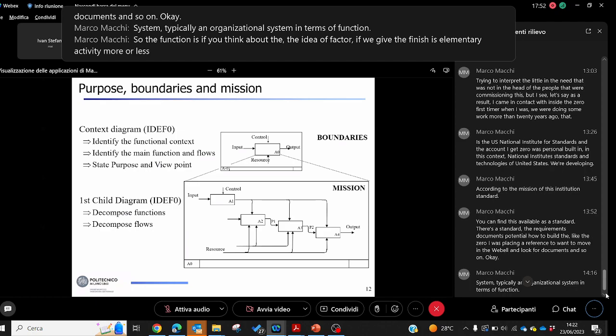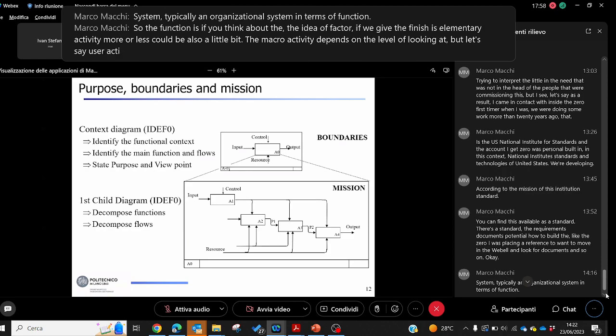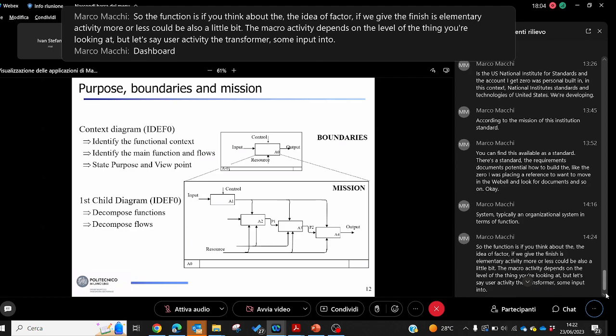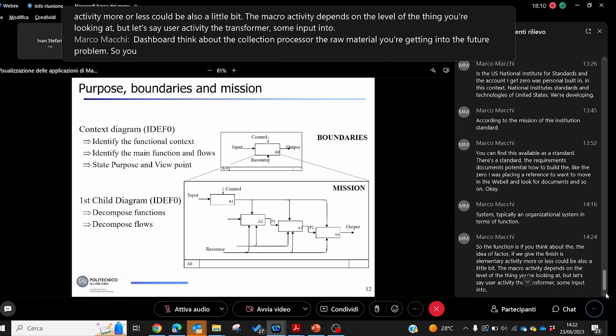It could also be a macro activity, depending on the level of detail you're looking at, but let's say it's an activity that transforms some input into outputs. Transform. Think about the production process. You have the raw material, you get to the finished product. So you have some functions, activities, that transform raw material into finished product. That is the idea of transformation.